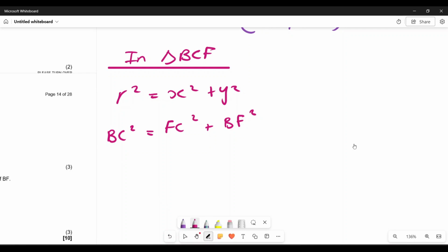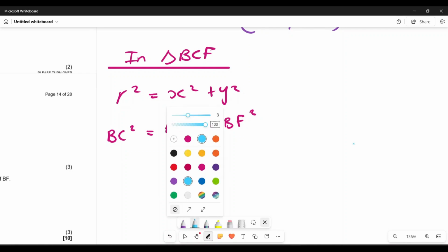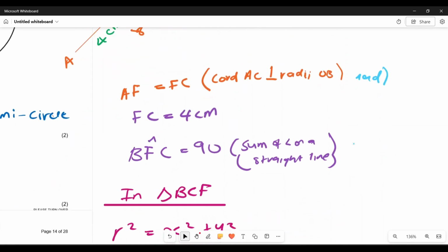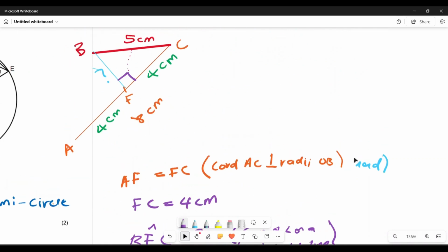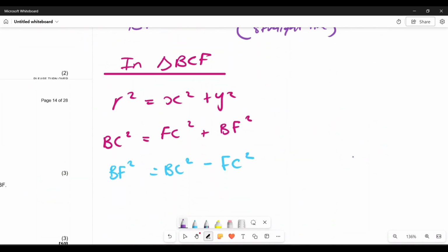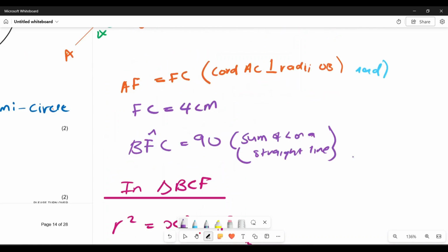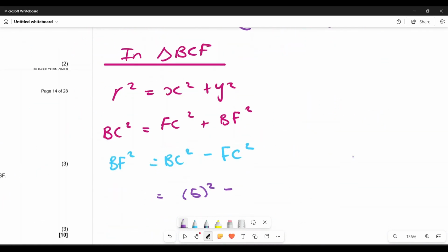So now substituting values. Let's make it in terms of BF because we're looking for BF. As a result, BF squared will be equal to BC squared minus FC squared. Now our BC is 5, so this would be 5 squared minus FC, which is 4 squared, and this is equal to BF squared.